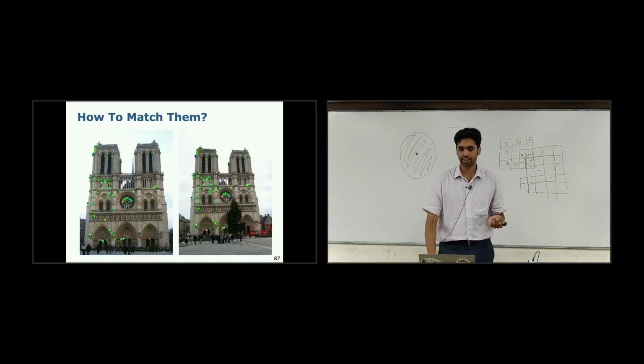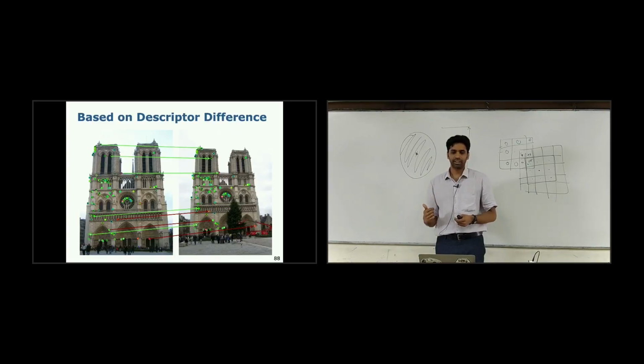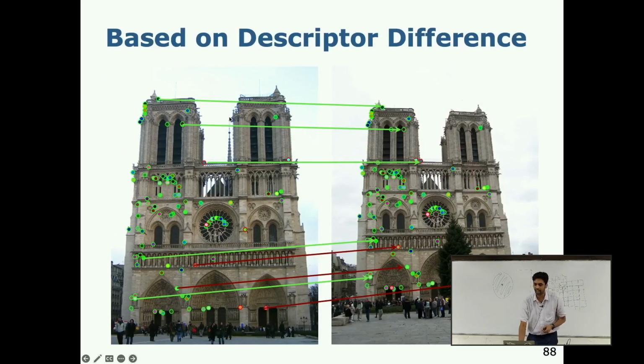And when you have this, you can apply it to your matching problem. What you will see is that the descriptor of this top bit here will match with the descriptor of the top bit on the other side, because the local area is quite unique. There's one small problem: the green lines that you see are correct matches, but the red lines are incorrect matches. If you zoom in, you will see why.